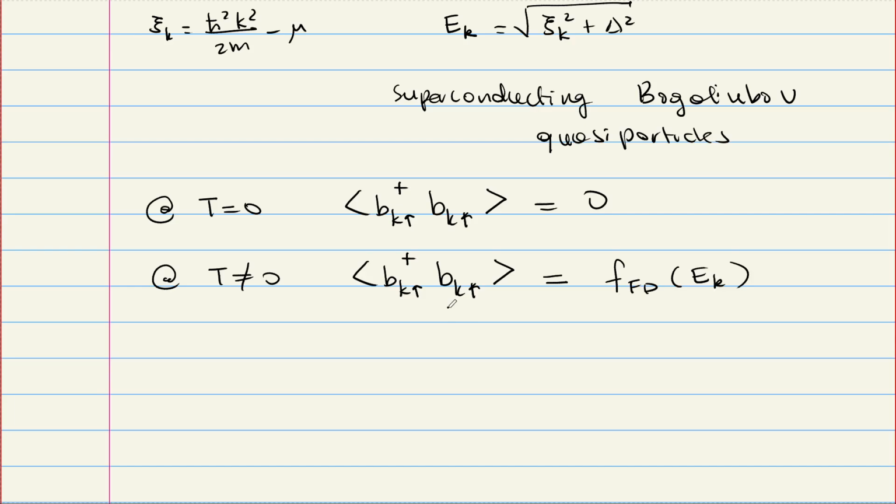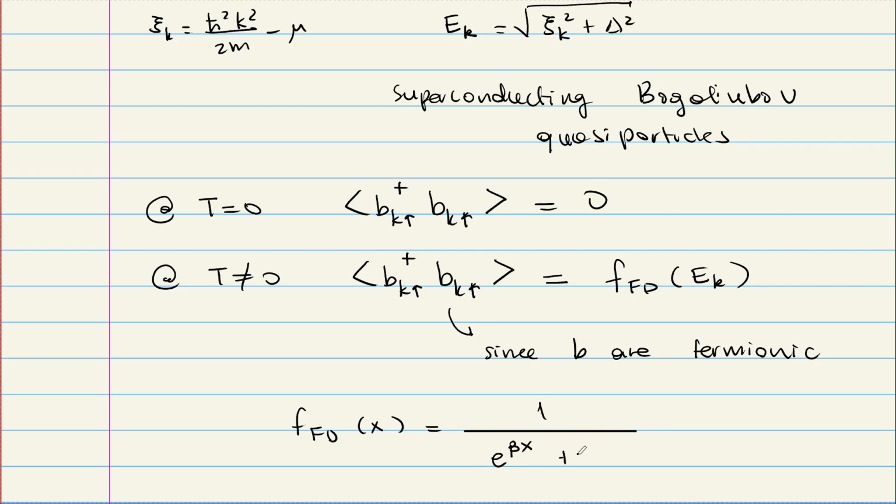Because B are fermionic. And let me write this, if you forget: Fermi-Dirac of x is equal to 1 over e to the beta x plus 1, and beta is equal to 1 over kBT.